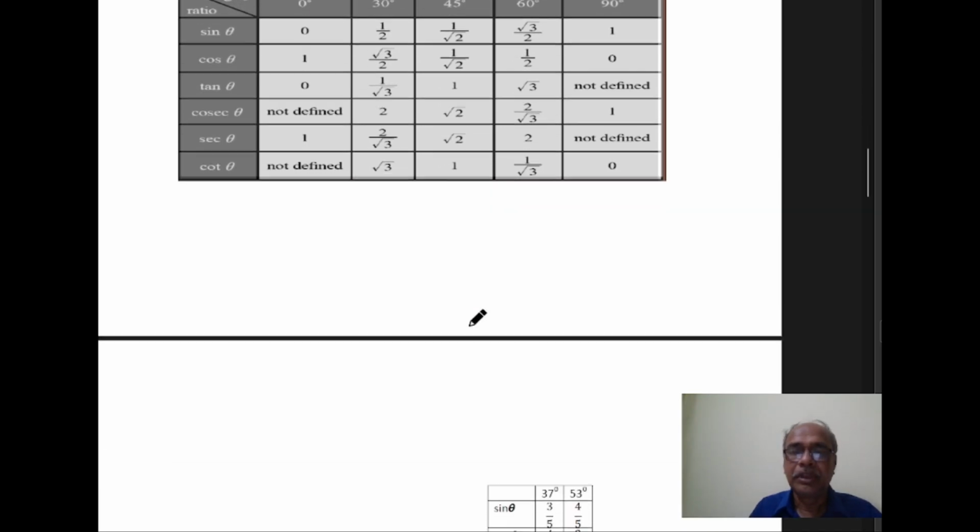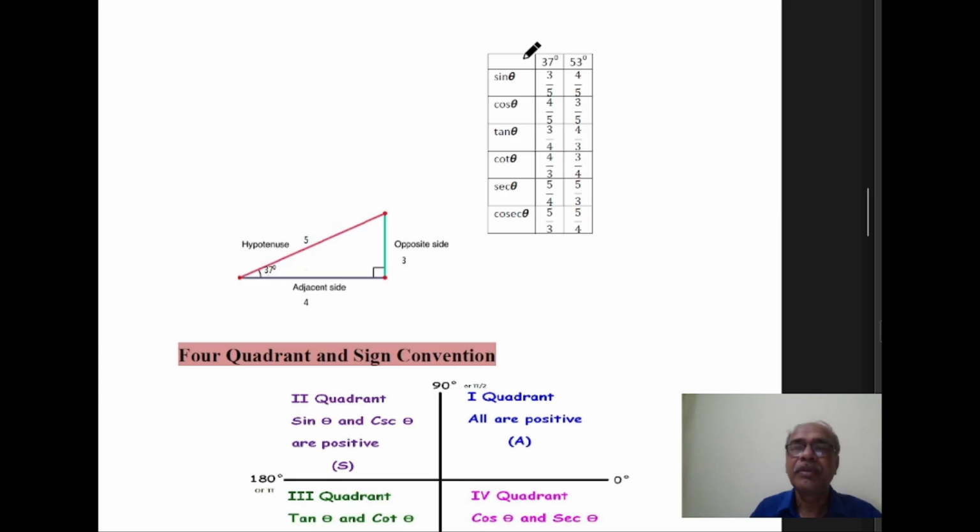Now, you see, in the calculation of different numerical problems related to physics, these 37 degree and 53 degree values are required. Now, to get these values, I am giving one figure here, a triangle.